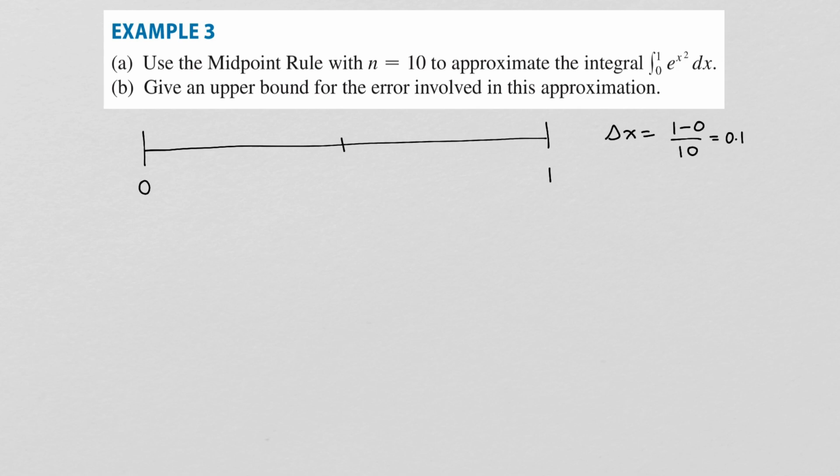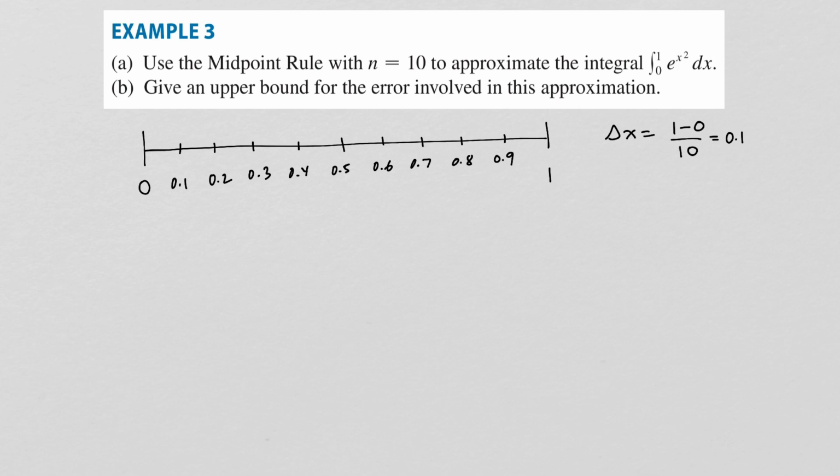And if I divide up this number line into 10 equal parts, you can see that the endpoints of your intervals are going to be 0.1, 0.2, 0.3, 0.4, etc., all the way up to 1.